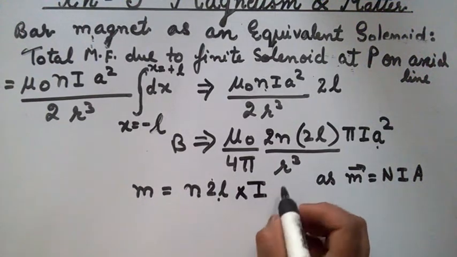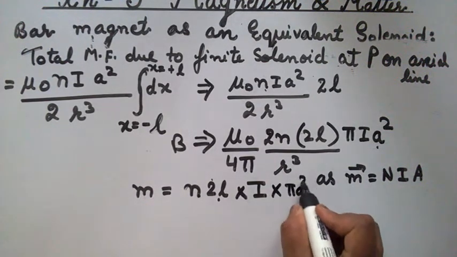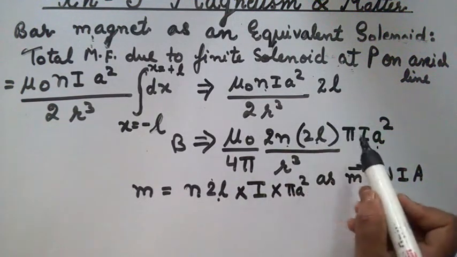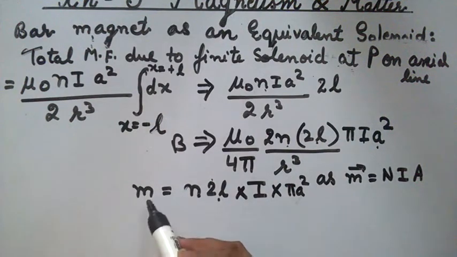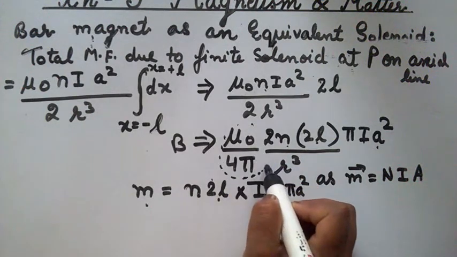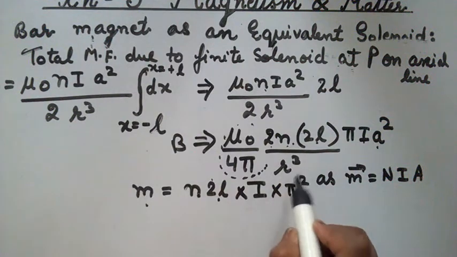So 2L n I pi a square is small m. Here we remain with mu naught upon 4 pi into 2 small m by r cube.